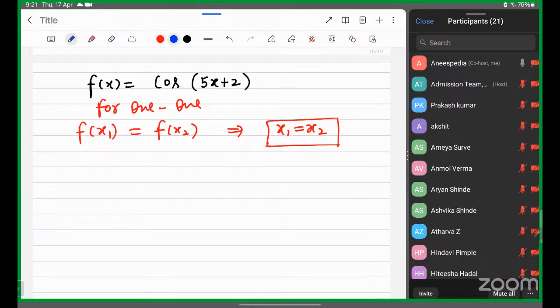So if you will take f of x1 equals to f of x2, this will be cos of 5x1 plus 2 equals to cos of 5x2 plus 2.